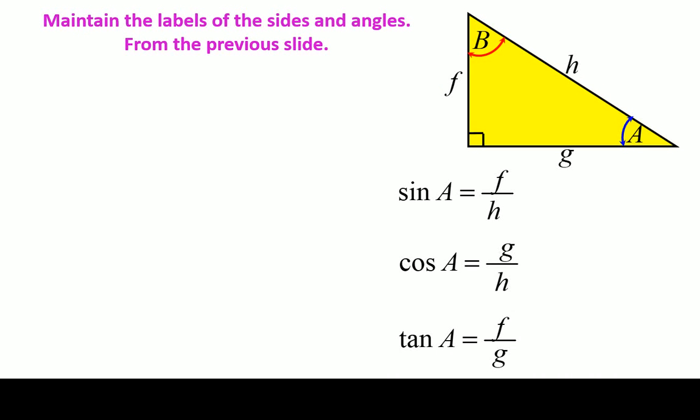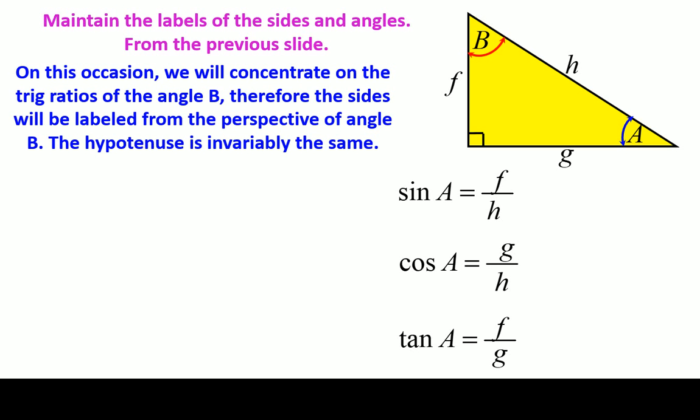So we will maintain the labels of the sides and angles from the previous slide, and we will do our trig ratios relative to the angle B, which will be the trig ratios of B. In order for us to do that, we must first identify the sides relative to the angle B. On this occasion, we will concentrate on the trig ratios of the angle B. Therefore, the sides will be labeled from the perspective of angle B.